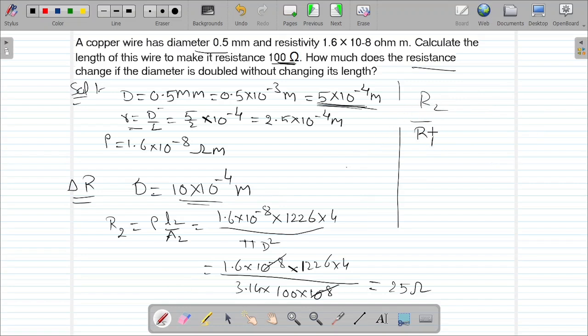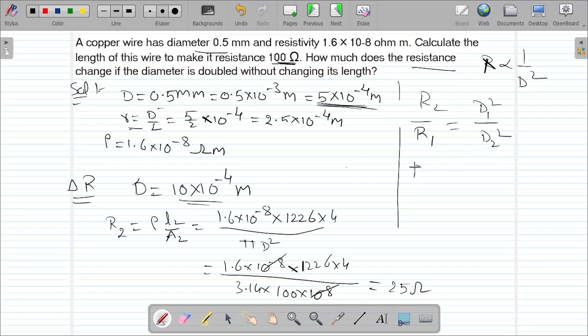What is changing here? Only diameter is changing. So resistance is inversely proportional to the square of the diameter. So R2 by R1 equal to D1 square by D2 square.